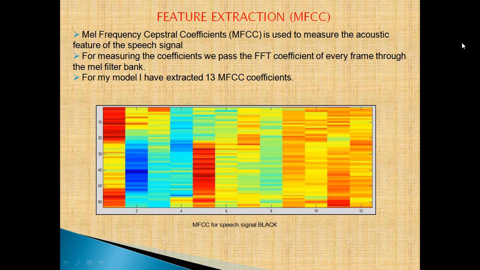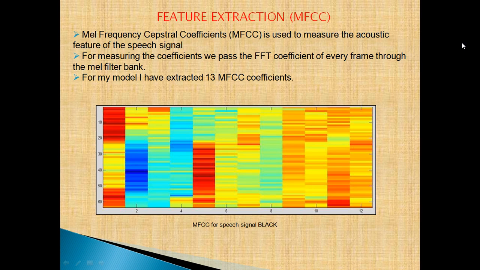Next, I'm going to talk about the feature extraction that is done on the speech signal. In feature extraction, we compute the Mel frequency cepstral coefficients, which is MFCC in short. MFCC is done to measure the acoustic features of the speech signal in the cepstral domain.